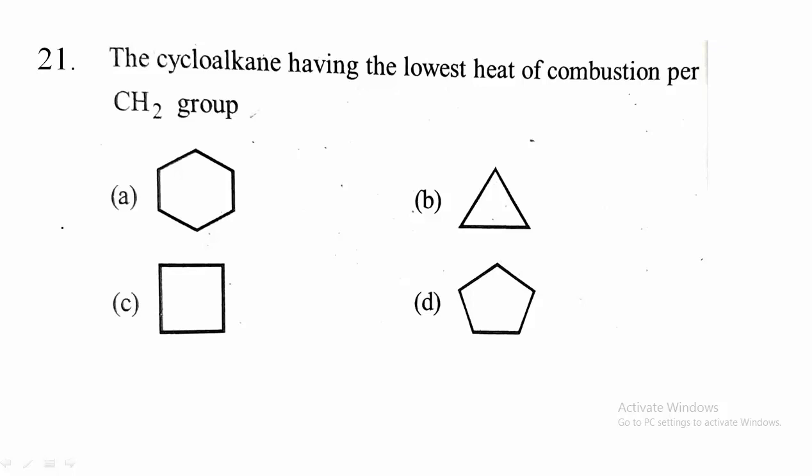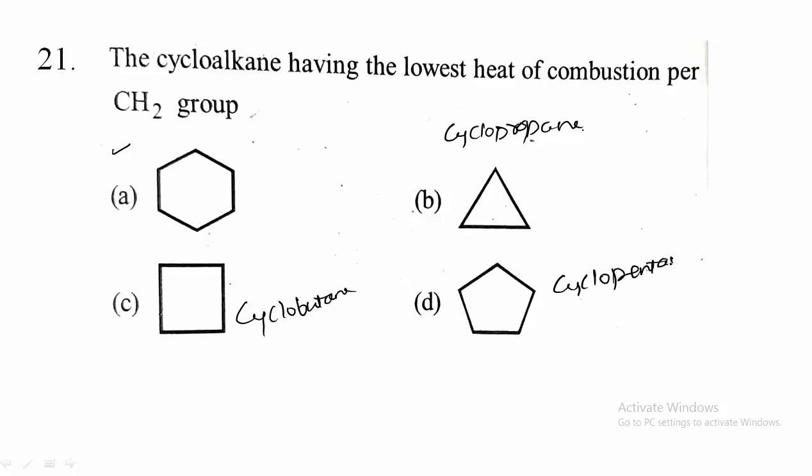To find that out, you should know which one has less strain among the given options. Cyclohexane is given. This is cyclopropane, that you should know. These are bond line notations. Cyclopropane, this is cyclobutane, and it is cyclopentane.